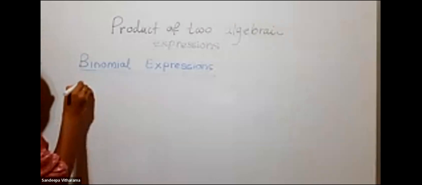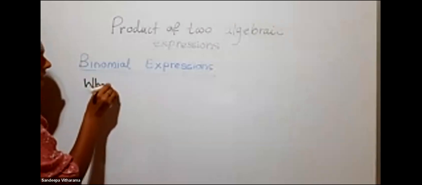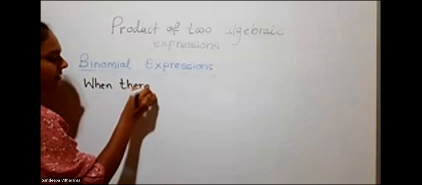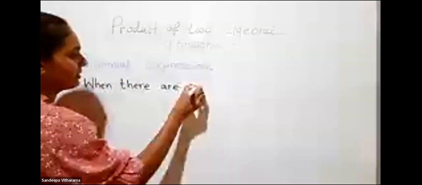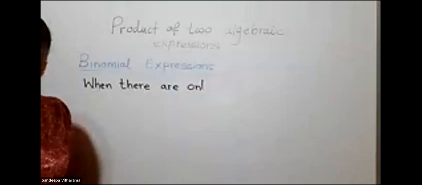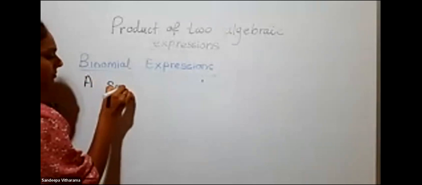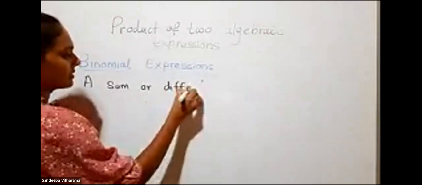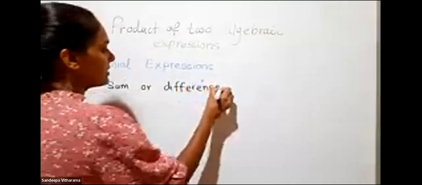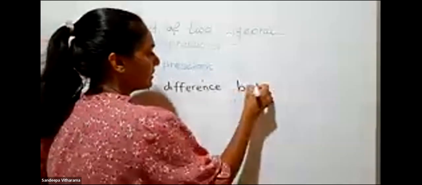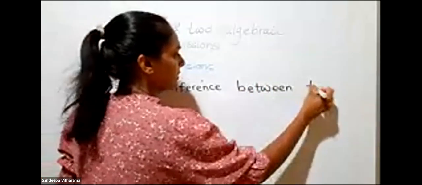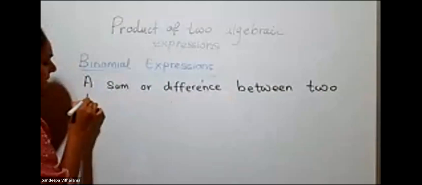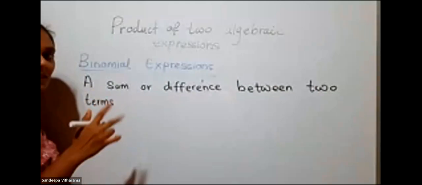When there are only two terms, or we can call it like this, a sum or difference between two terms. Okay, these terms mean not only algebraic terms, but also numbers.